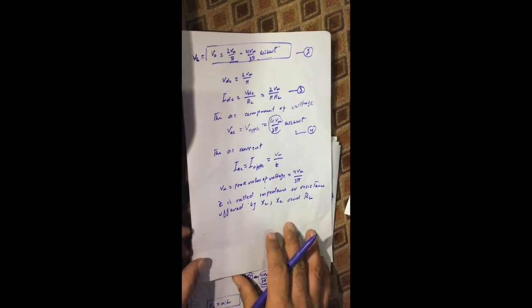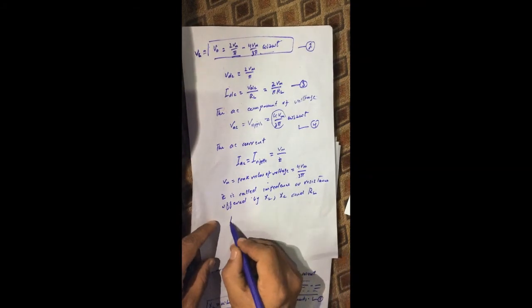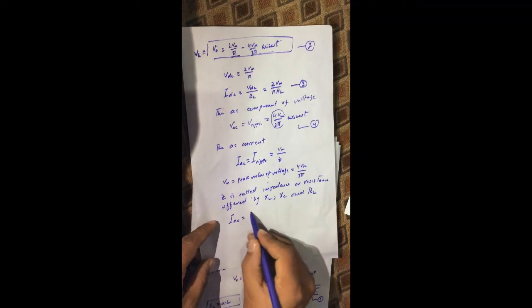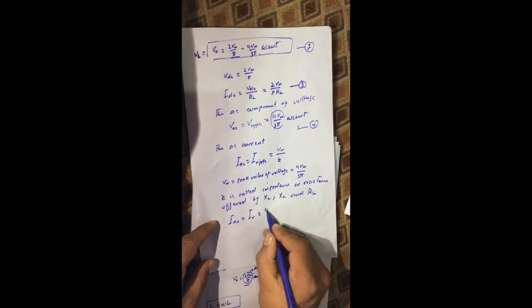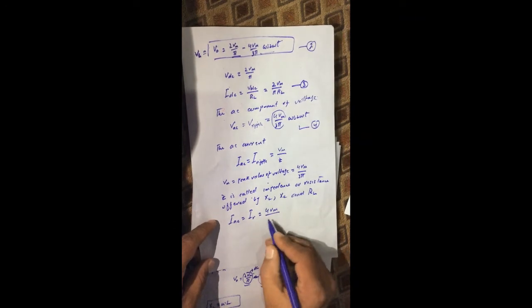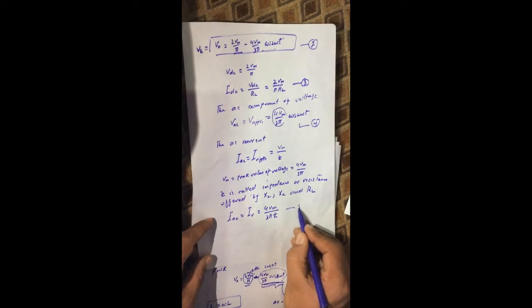So our AC current or ripple current IR is equal to 4Vm divided by 3 pi into Z. This is equation number 5.